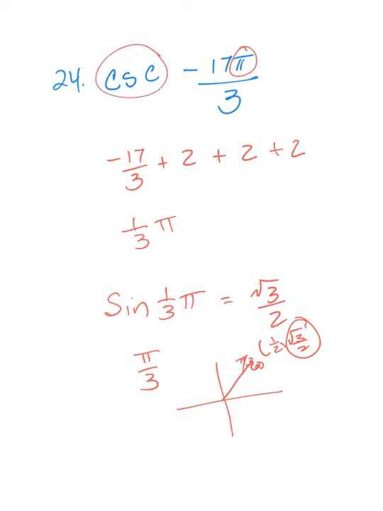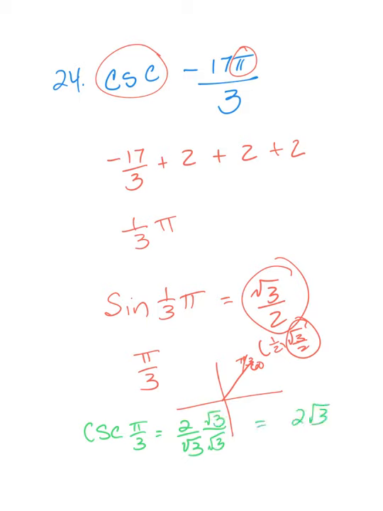So if the sine is root 3 over 2, the cosecant of pi over 3 is 2 over root 3. So what can't I have in the basement? A radical. So I multiply that by root 3 over root 3, and I get 2 root 3 over 3.